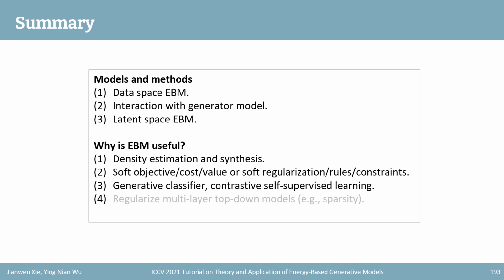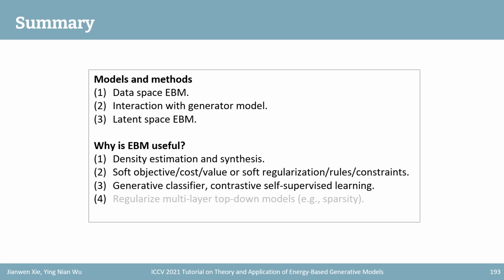And in fact, for text data, this is discrete data, but you can still move to the latent space so that it is a continuous space. You can still use Langevin dynamics for sampling. And finally, why is the energy-based model useful? Hopefully, from this tutorial, you get some basic ideas why they are useful.